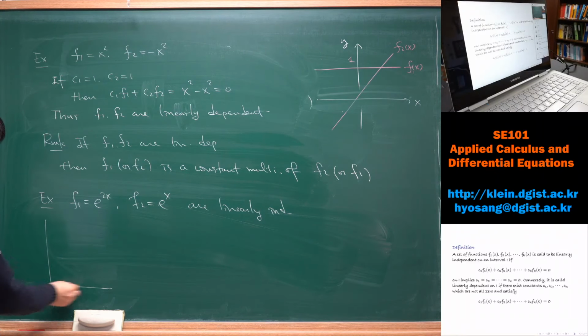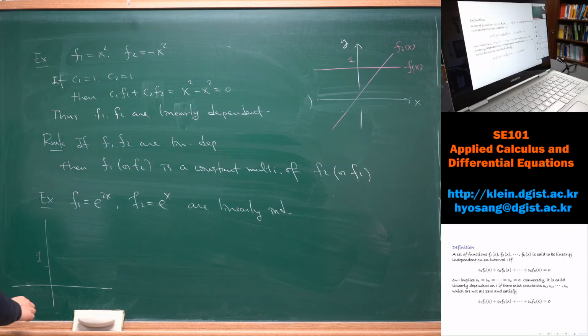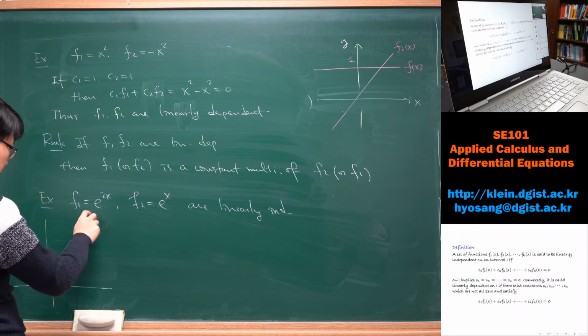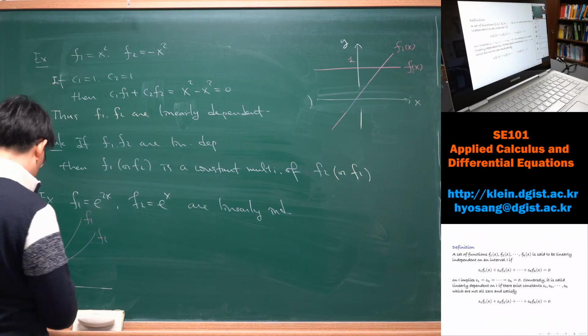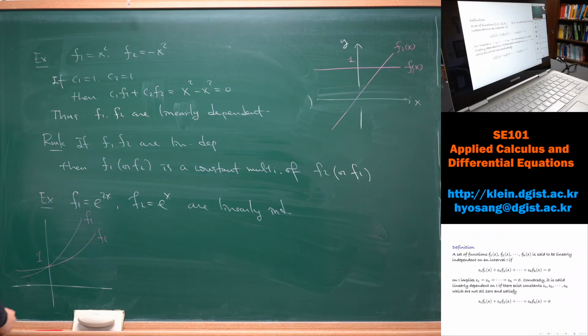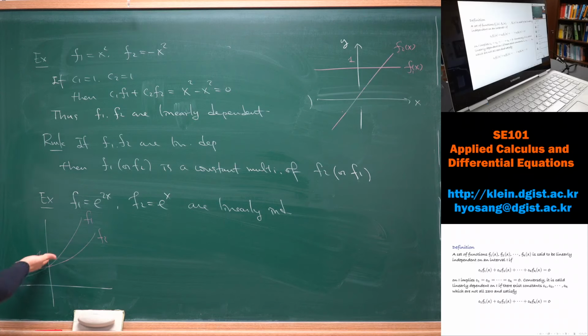Although, if you're looking at the graph, both pass through the point (0, 1), and they only differ by the increasing rate. So this is f1 and this is f2. f1 increases much faster than f2. You can actually see that by multiplying one, you cannot make the other.